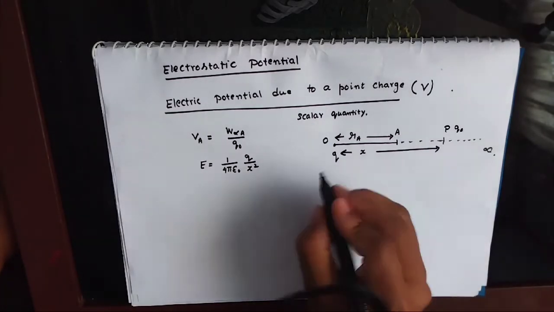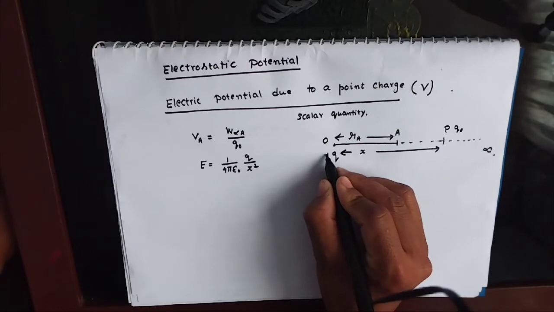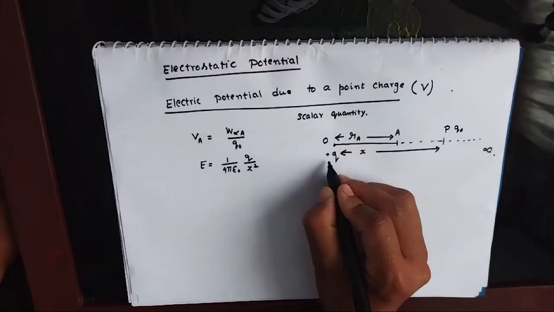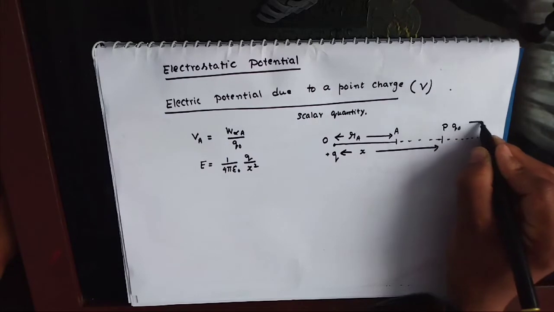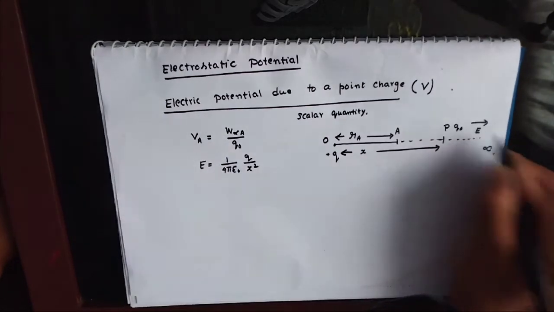So let us consider that this point charge here is plus Q. So the electric field is in this direction.